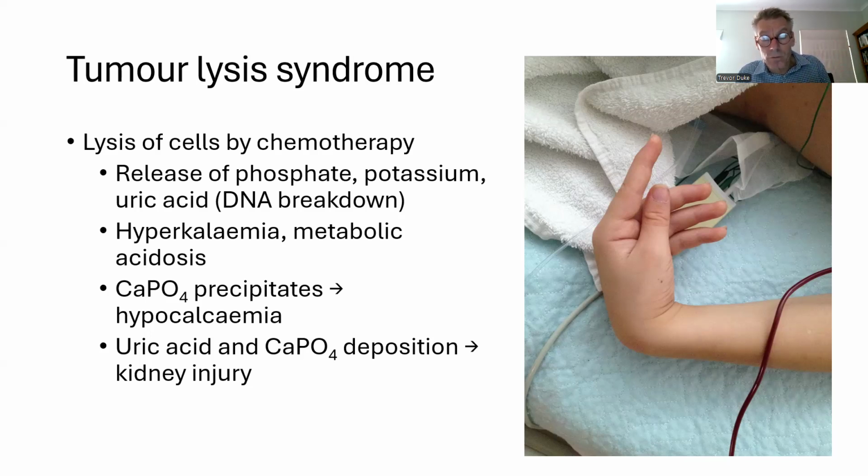It's the breakdown of the DNA that leads to high levels of uric acid, and the phosphate and potassium get released, and patients develop hyperphosphatemia, high levels of serum phosphate, and high levels of serum potassium. That can lead to a metabolic acidosis and complications of hyperkalemia. And because of the very high phosphate, that will combine with the calcium in the blood and precipitate hypocalcemia.